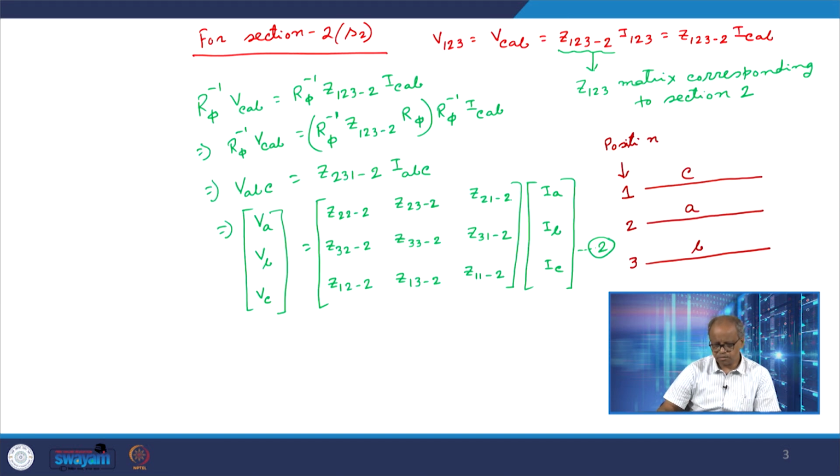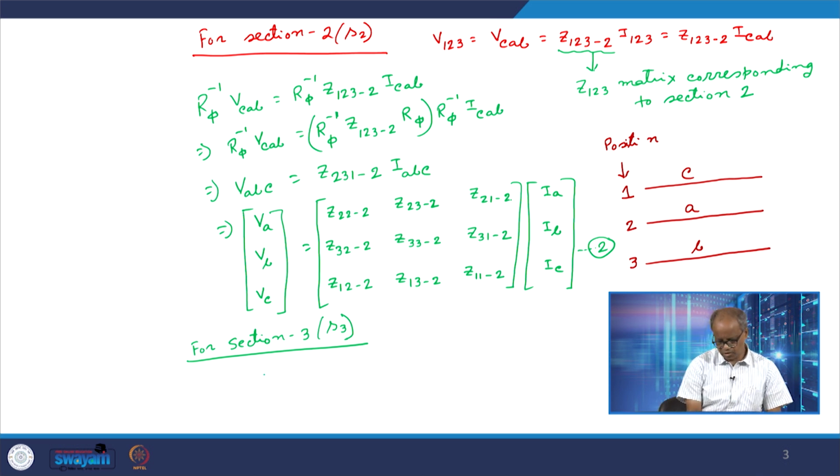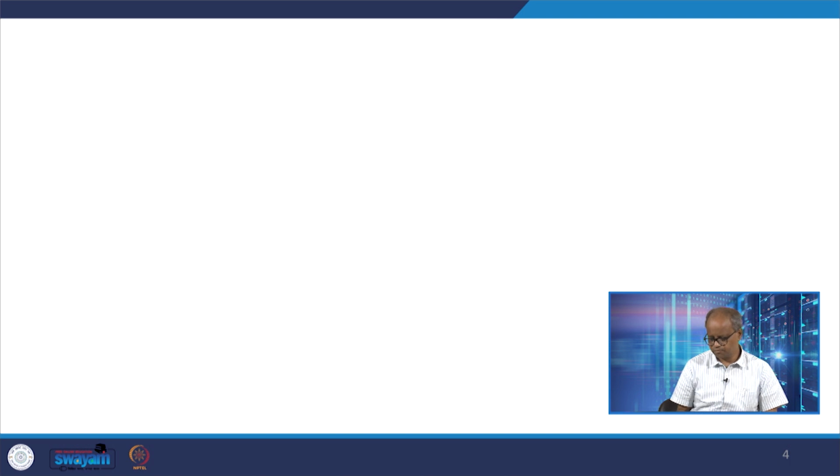Now what happens for section 3? For section 3, V123, let us see what V123 is.